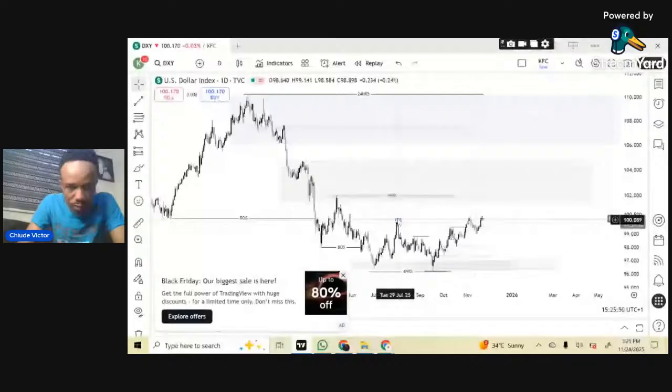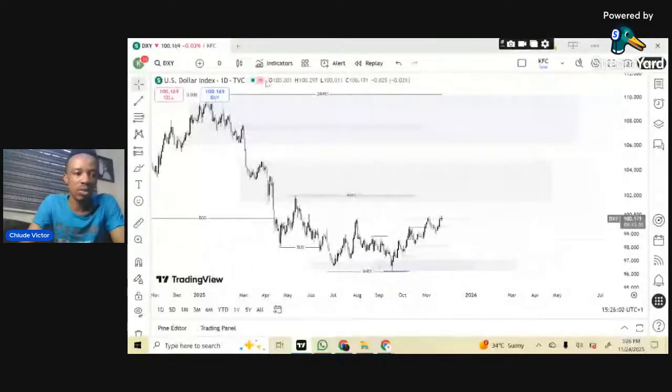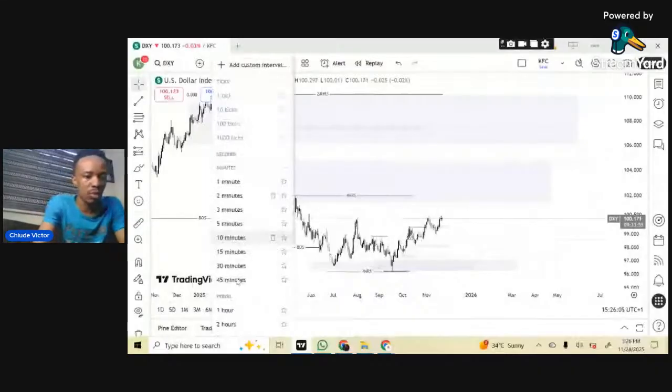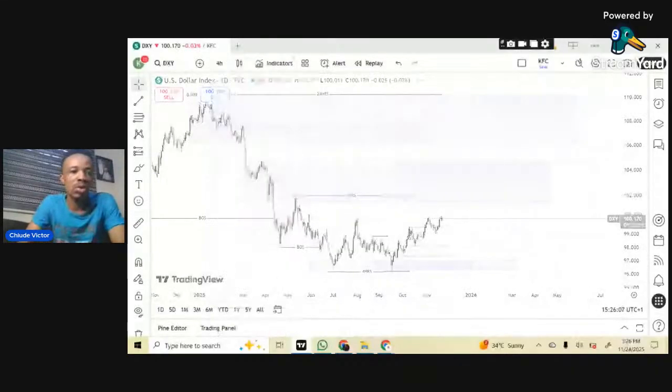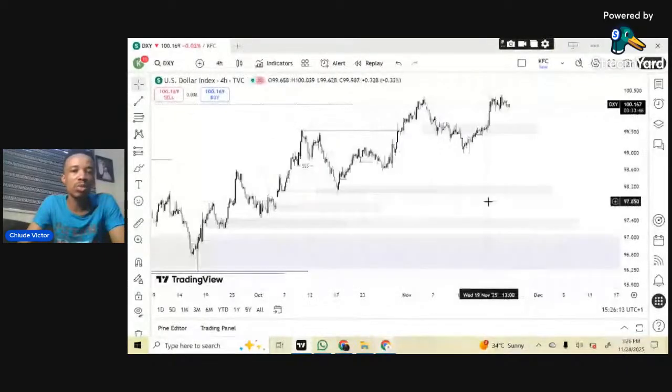And for such a kind of move, it's always best to just wait for the candle to give us clear direction before you know where to go. Otherwise, you might be making wrong market decisions. So because of that, I'm more interested in whatever bearish confirmation I will be getting.